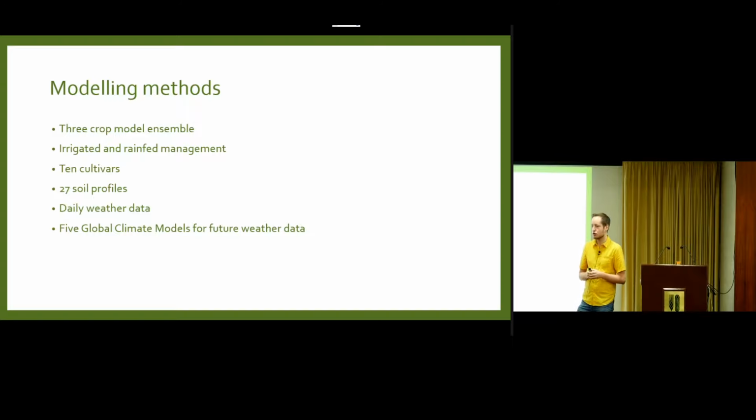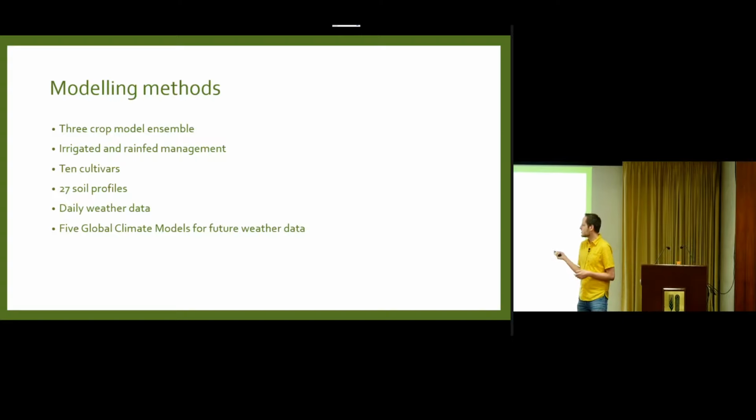You're closer to reality. So these models that we used are mechanistic crop models, meaning that they try to capture real biological processes in the calculations. These models are sensitive to temperature, to the amount of water that's available, and to nitrogen, and several other things, but these are the most important.